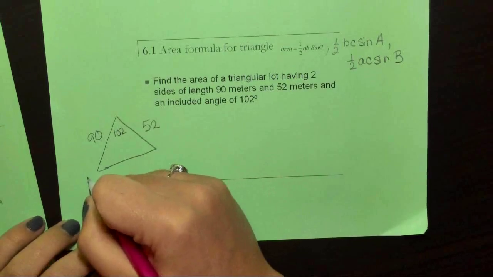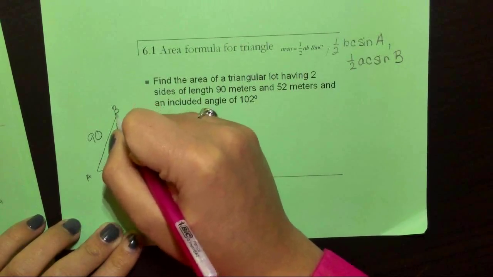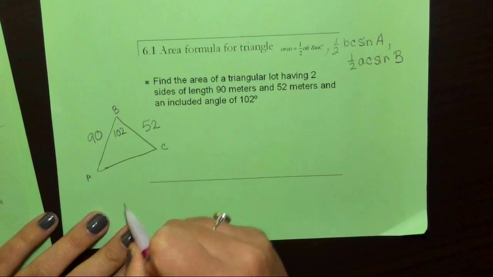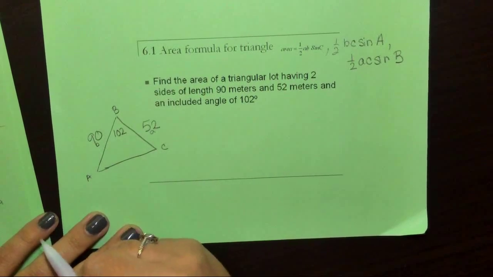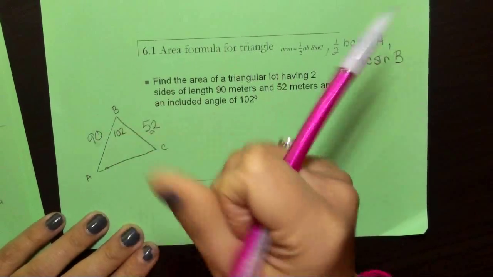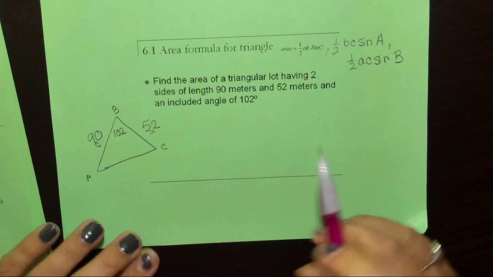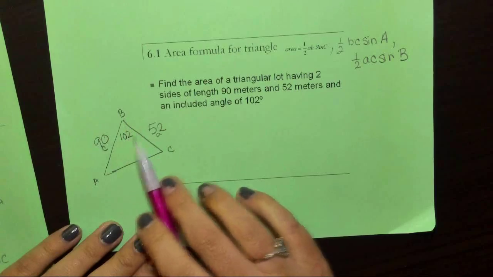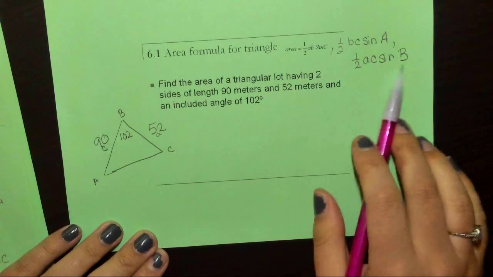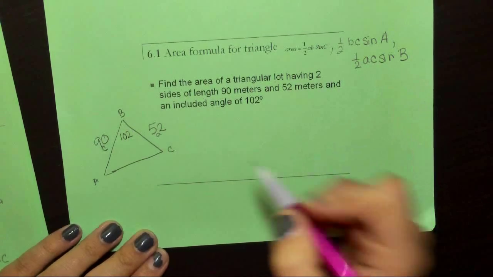If I call this angle A, angle B, angle C, that means this is side A, 90 is side C. So I have sides A and C and angle B. That means that I would use this third one here.